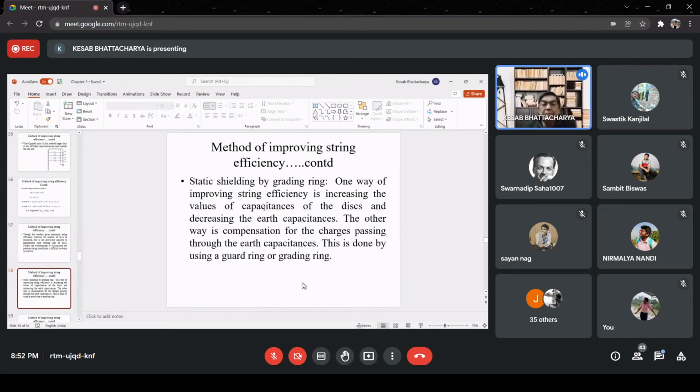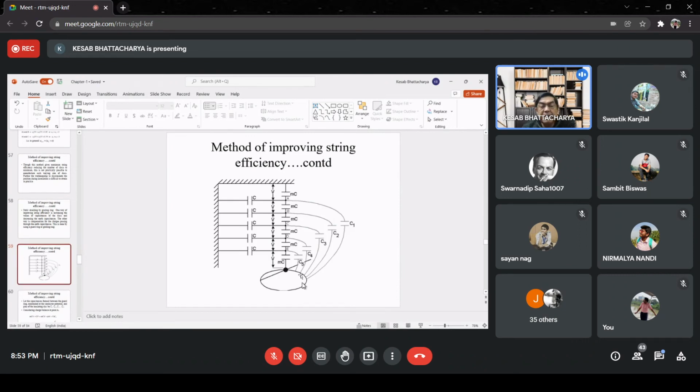One way of improving string efficiency is increasing the values of the capacitances of the disks and decreasing the earth capacitances. The other way is compensation for the charges passing through the disks to the earth capacitances. This is done by using a guard ring or grading ring.